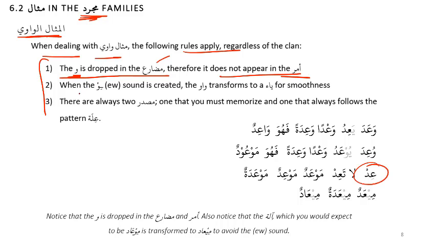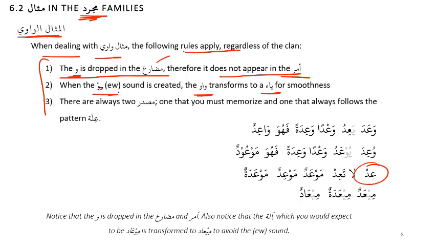Another point is, if a sound is created, like for example, if we have a kasra and a waw, a sound that sounds ugly, like ew, then the waw transforms to a ya. So as we've said multiple times, the Arabs don't like ugly sounds. So when, because of the vowels, a sound is ugly, then the vowel is just changed.